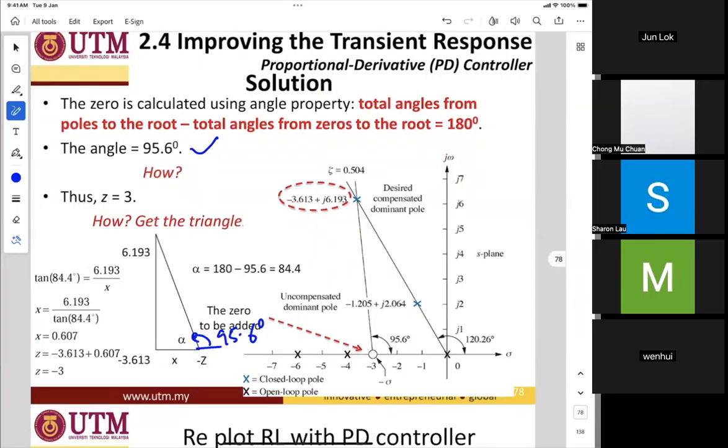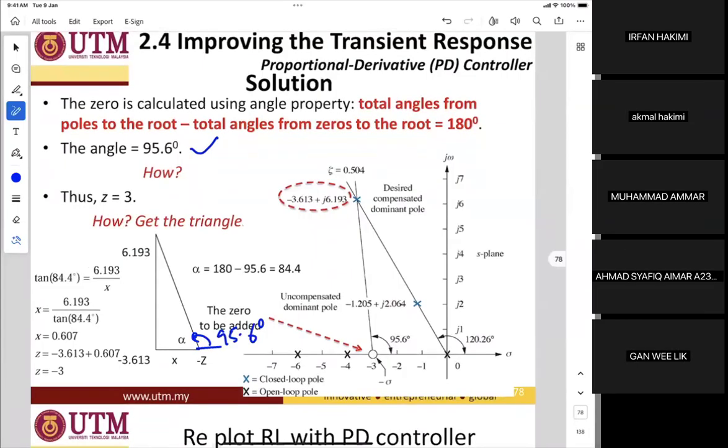Wenhui, what is alpha? 84.4. How do you get it? 180 minus 95.6 equals 84.4. Which is here, and this is 90 degrees.